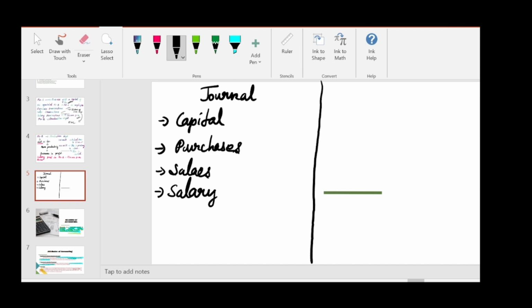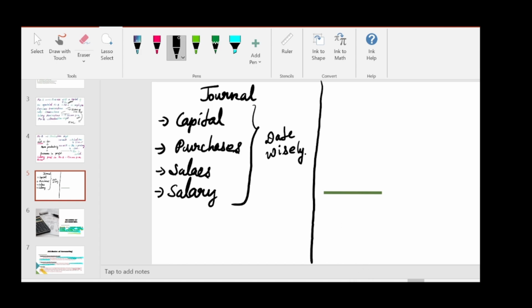We will record all these transactions in one place, date wise. If it is 1st of April, then 1st April's transactions will come first, then 2nd April, 3rd April, 4th April, 5th April, like that. In an orderly manner, we will record all the transactions in our journal entry.